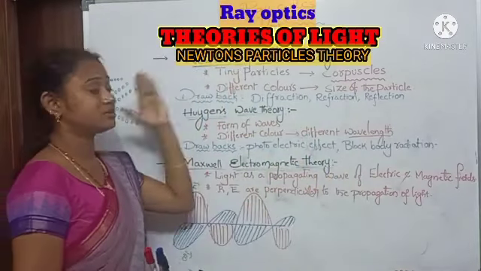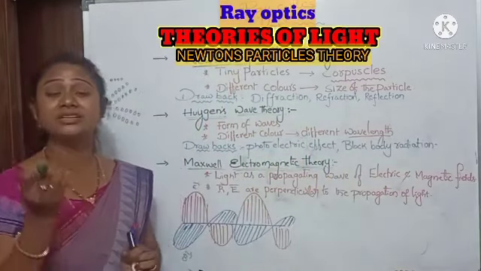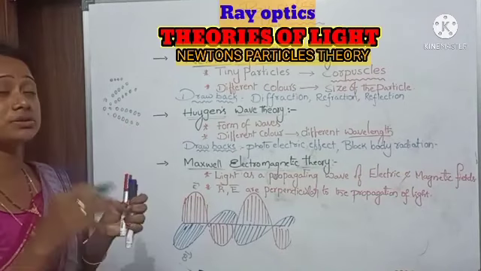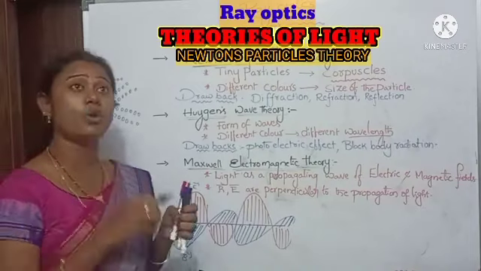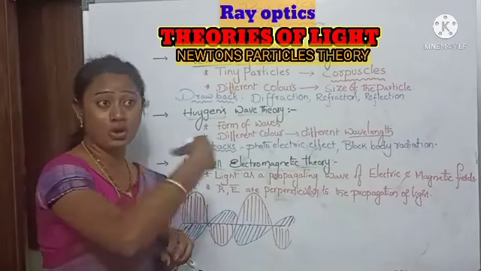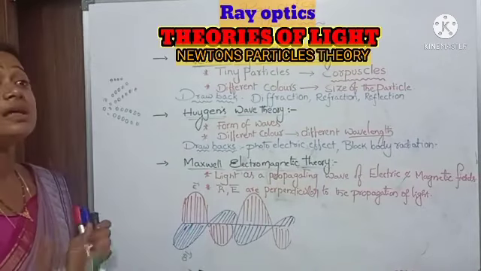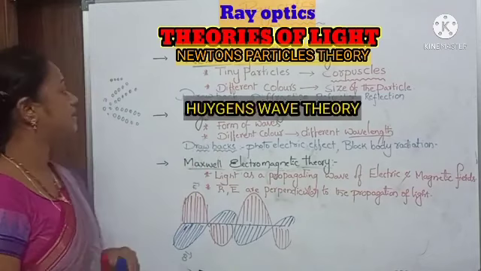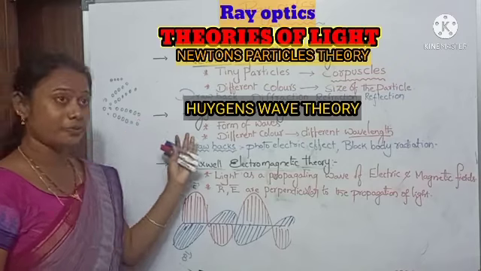So according to Newton, light consists of tiny particles called corpuscles. To spread the light, all particles spread in all directions and they will give the light. This is according to Newton's particle theory. Next, Huygens' wave theory.